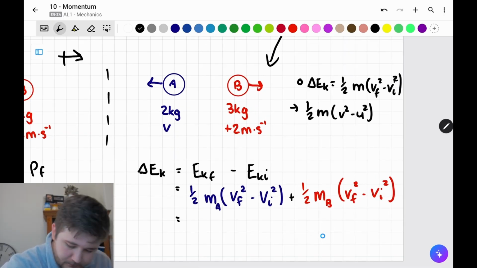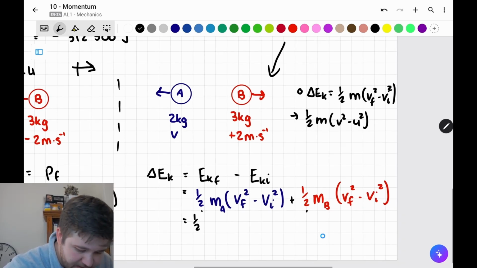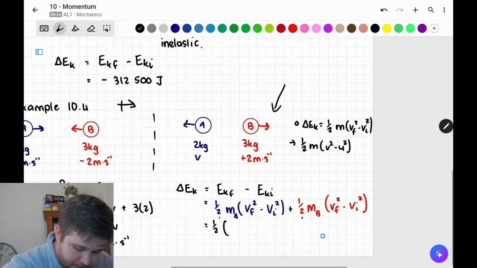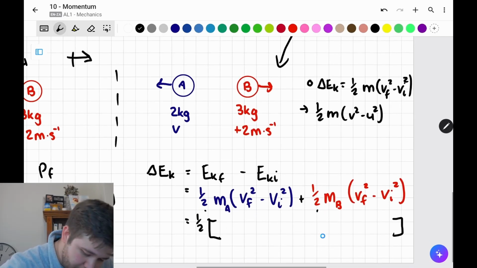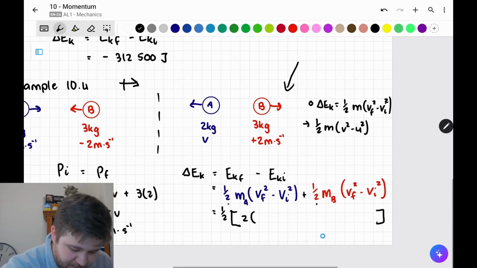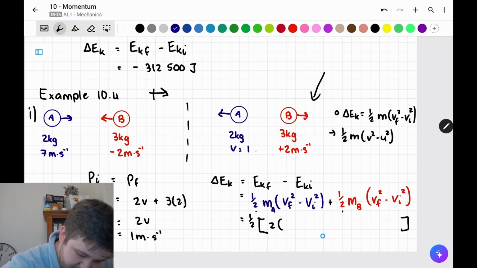Now, we can simplify by taking out these halves, which I'd like to do, make my life a little bit easier. Make a nice big bracket since we factorized that half out. For A, we know our mass is 2 kilograms. It's multiplied by, okay, and then also we know now V is equal to 1 meter per second.